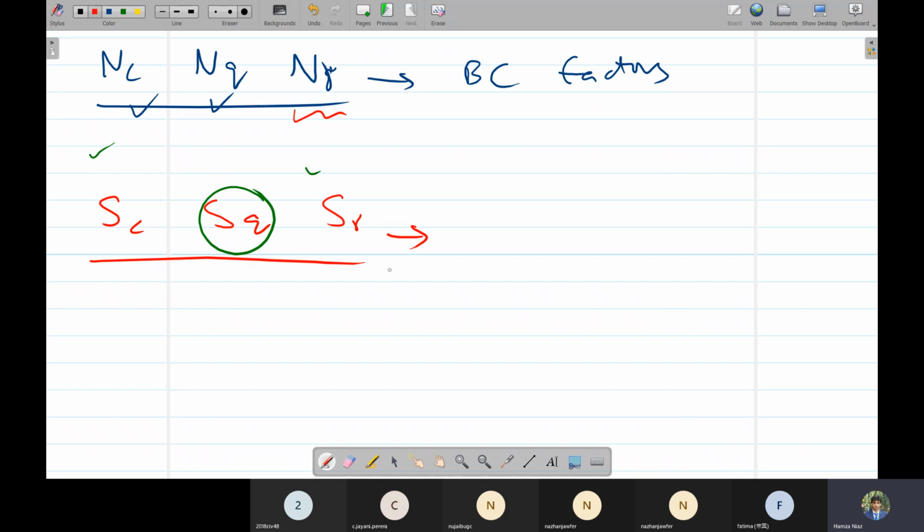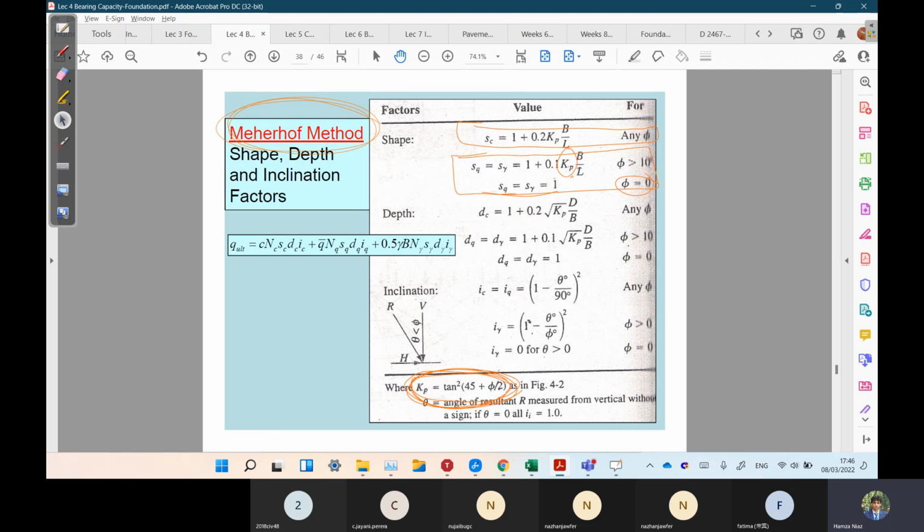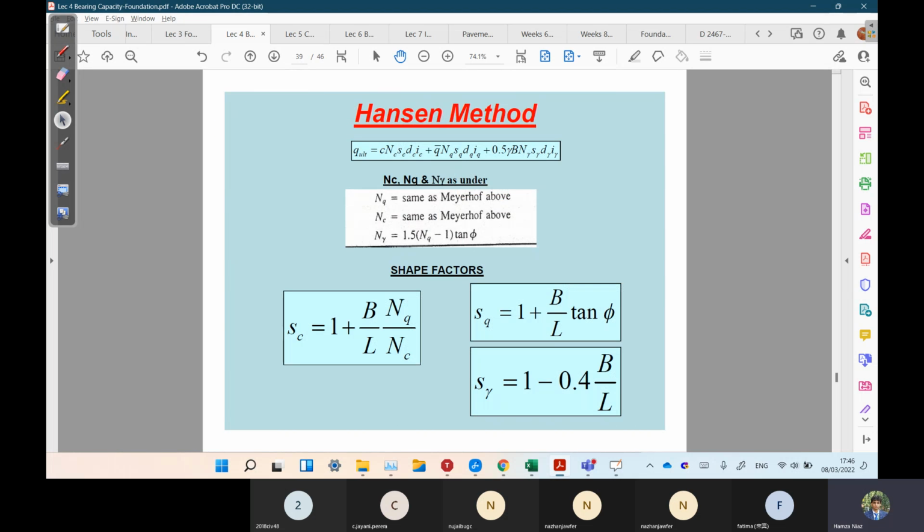This one is the K factor for Meyerhof. For Vesic and Hansen, they are using this formula. For strip footing, remember to always take these shape factors as 1.